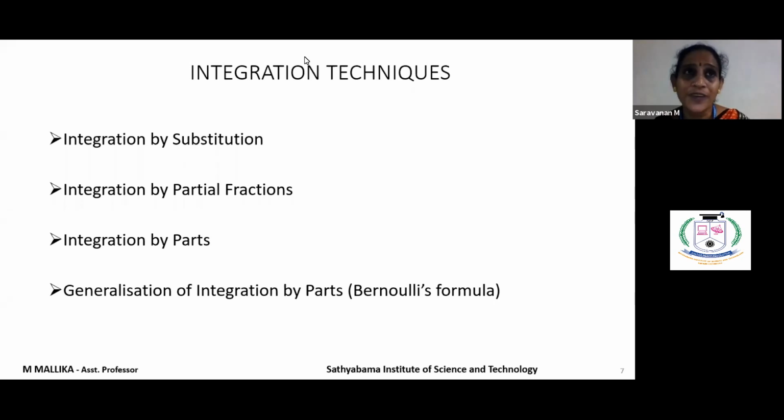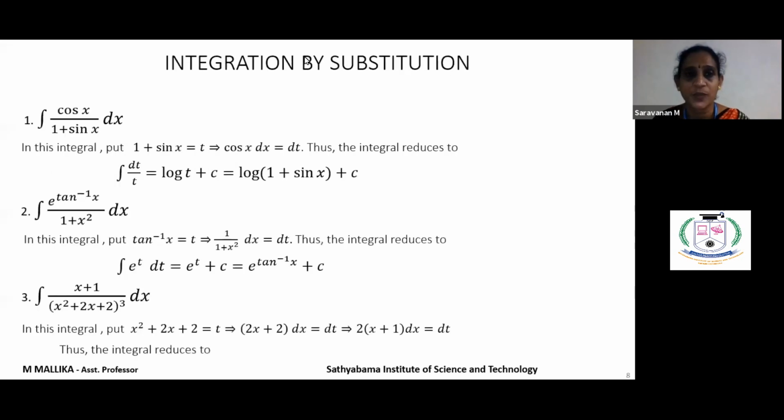If you find such a situation, then you can always try the integration by substitution method, do the substitution, and reduce the original integral to a form which is in the standard form, and then you can integrate that. So that is the first one we are going to see, integration by substitution.